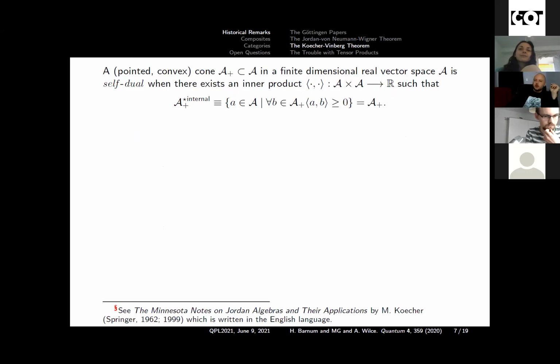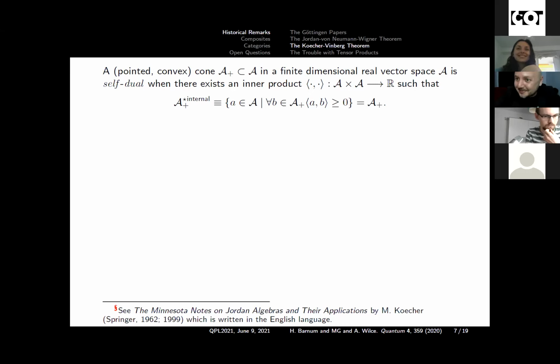You might wonder why the set of observables or effects of a physical theory should carry any meaningful bilinear product at all. This is not obvious. So happily, there is an alternative characterization of these things. I would like to thank the previous speakers for sparing me the introduction to generalized probabilistic theories and convex cones.